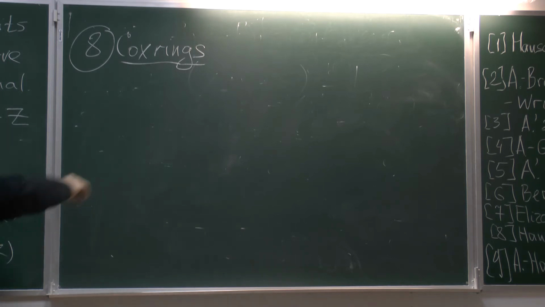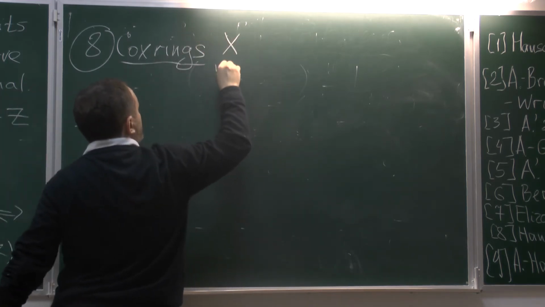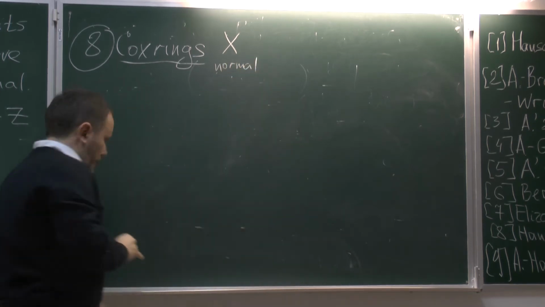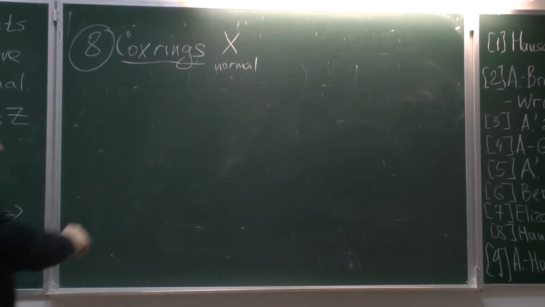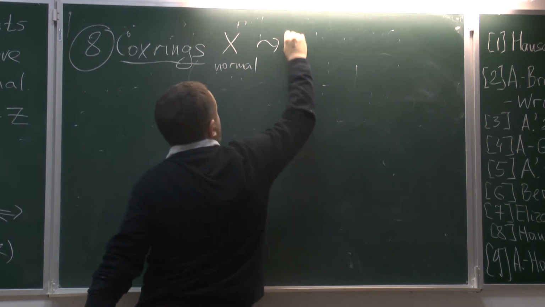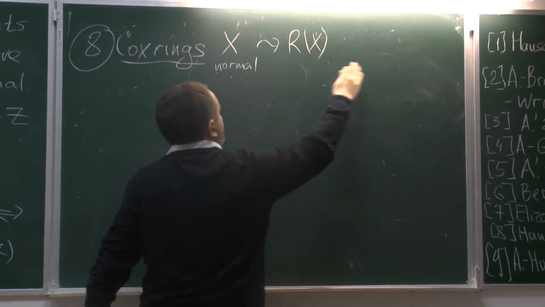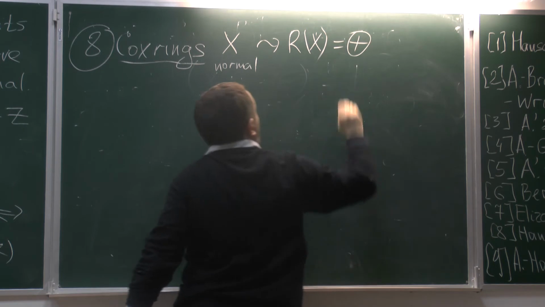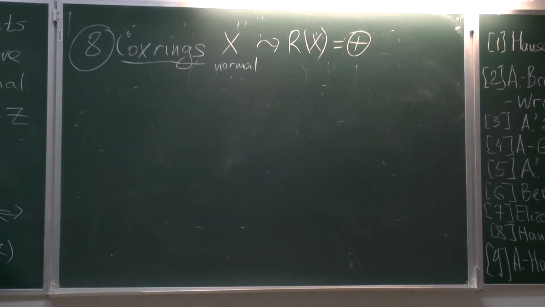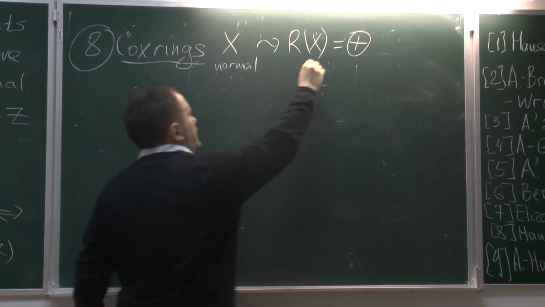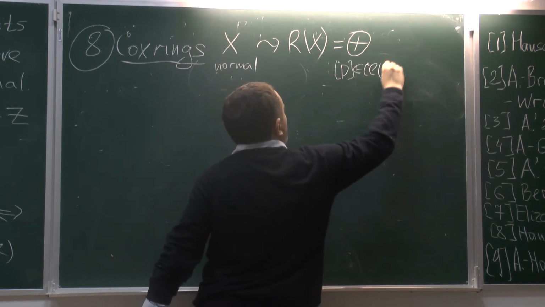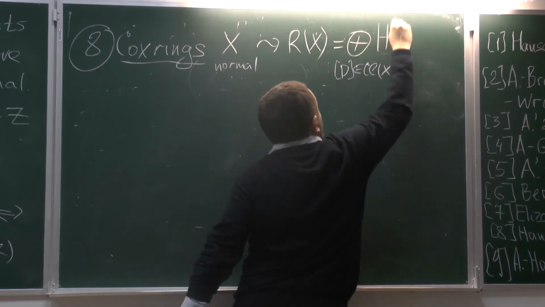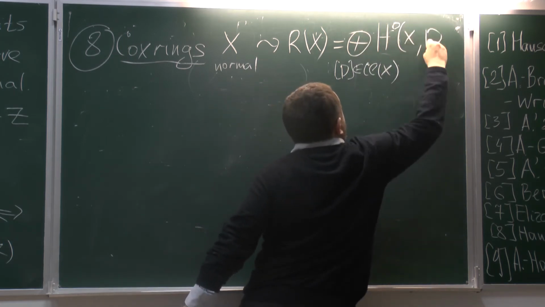So I take some normal variety X. I'm sorry, because time is quite limited, I will omit some technical conditions and just explain the general ideas. So the Cox ring associated with this variety is just a graded ring. This ring is graded by the divisor class group of my variety. And this is the sum of some components.